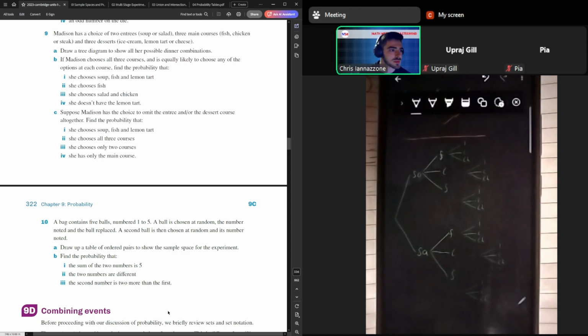It does pose an interesting question, which is, if you're not told any probabilities around these things, how do you start labeling them? There is an assumption you'll have to make.